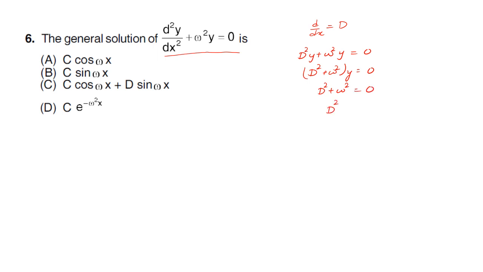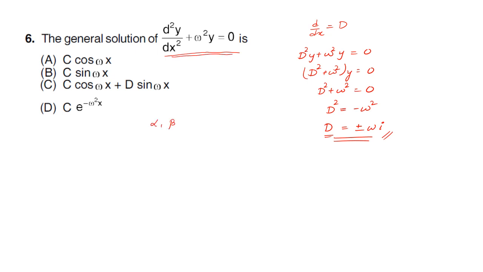That means D square is equal to minus omega square. Therefore, the value of D is plus or minus omega i. Now we have to find the roots of this equation. Then we have to find the general solution of this differential equation.